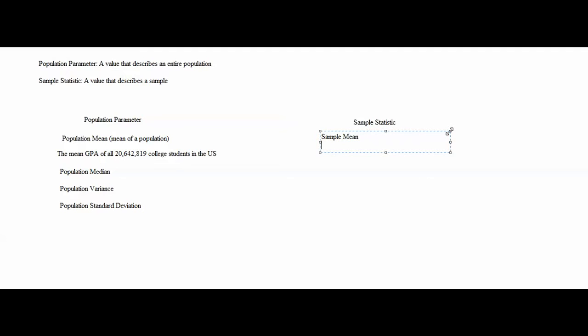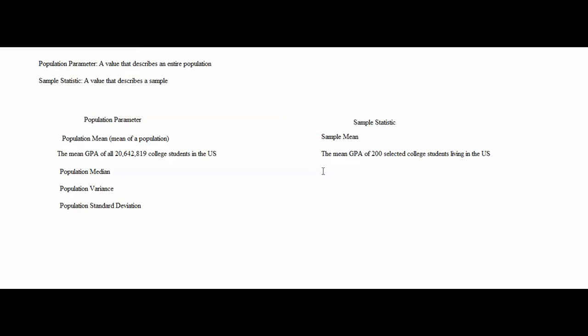And an example of a sample mean could be the mean GPA of 200 selected college students living in the US. So if I selected 200 college students, I recorded their GPAs, I added those 200 GPAs and divided the total by 200, I would get a sample mean, and that sample mean would be called a sample statistic.